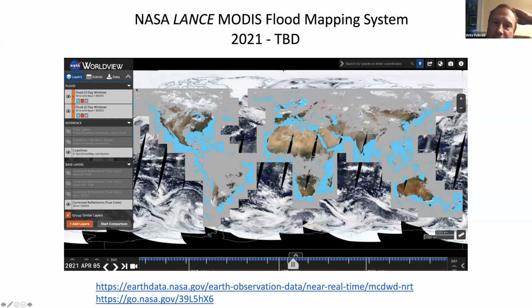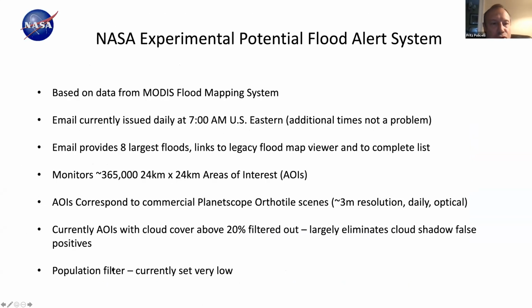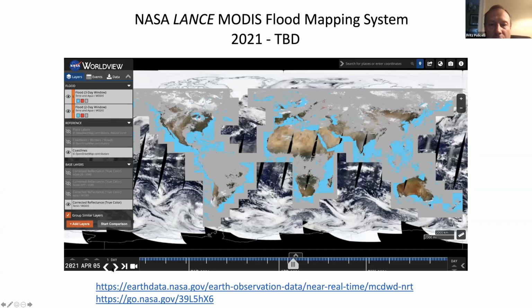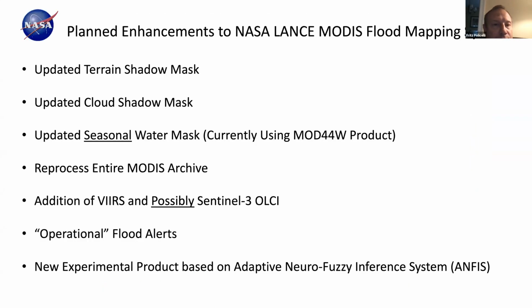We just started earlier this year to provide that. We're still providing the data through the legacy system for those of you who are more used to using that, but the plan is to switch that off at some point and to go strictly with the LANCE system. There are two links below that will take you to the front page of the MODIS system, and then to Worldview. This viewer is the second link down there, where you can zoom in on any of the events that you have an interest in. Okay, next slide, please.